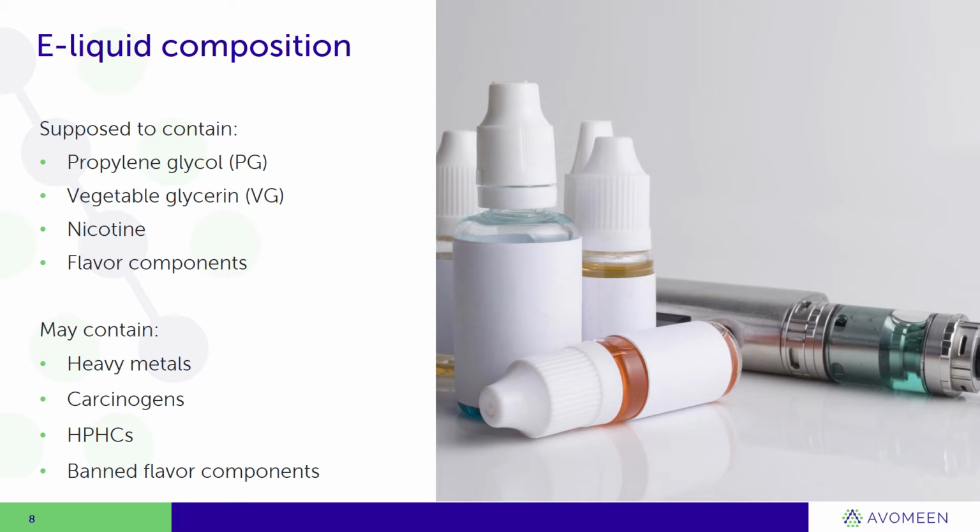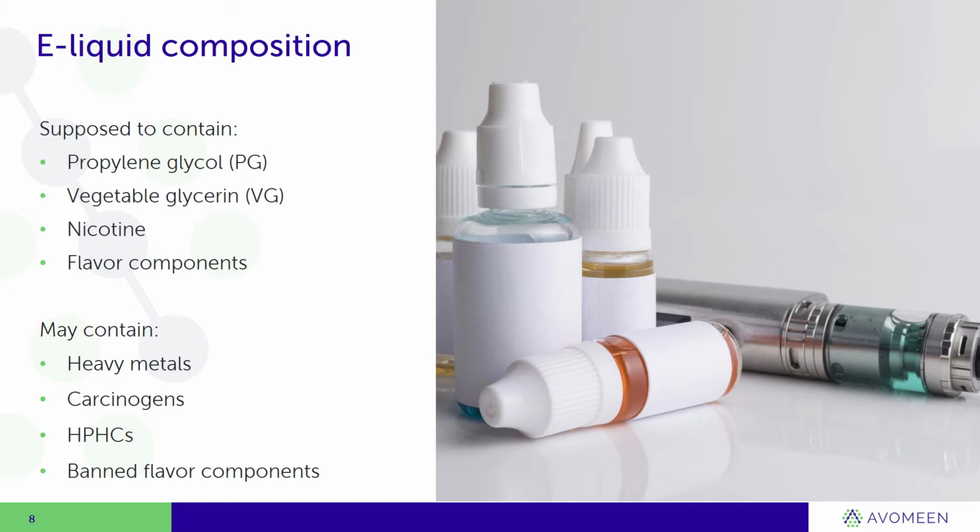I'm going to talk to you about the composition of an e-liquid. So what is in an e-liquid? E-liquids are supposed to contain propylene glycol, otherwise known as PG, vegetable glycerin, known as VG, nicotine, and flavor components. These flavor components can be both synthetic or natural.